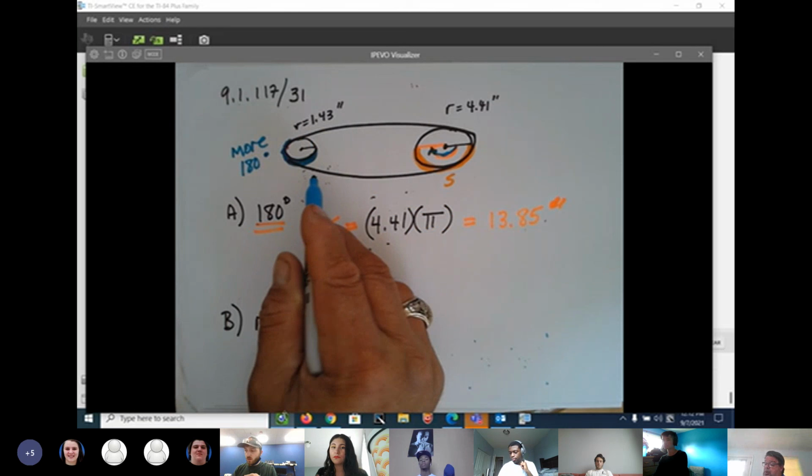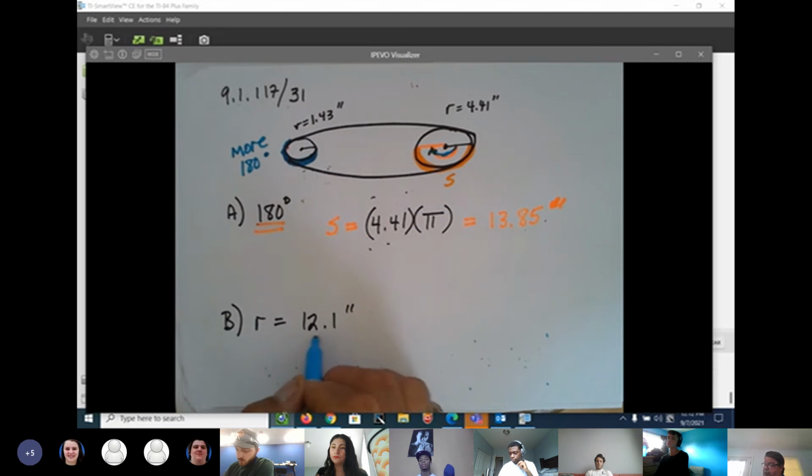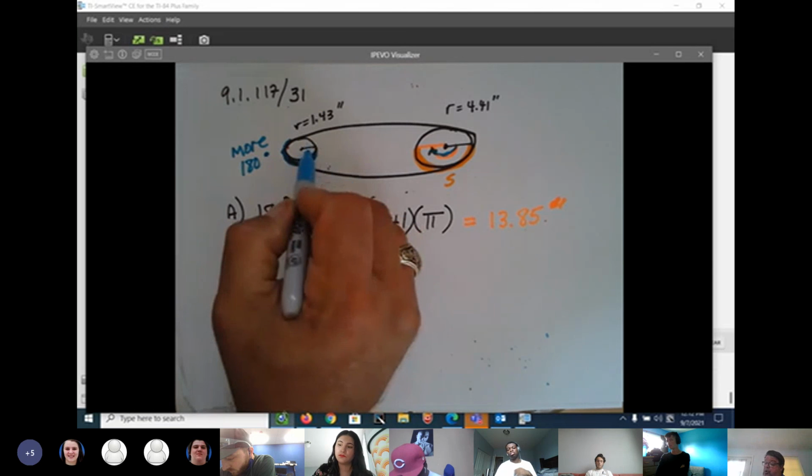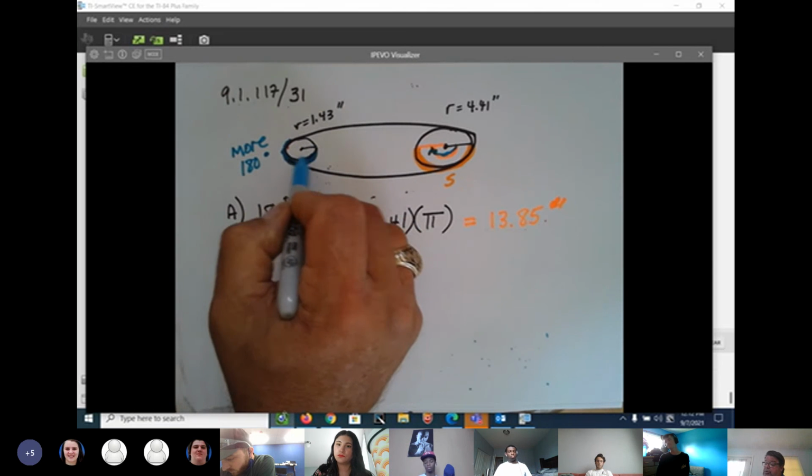So we've got a radius of 12.1. They want to know how far not the gear moves, but how far the tire moves, because they're giving us the radius of the tire. No, we're going to turn the gear first.